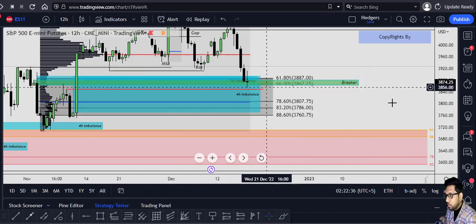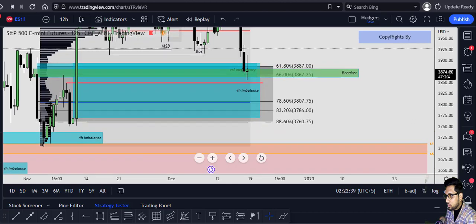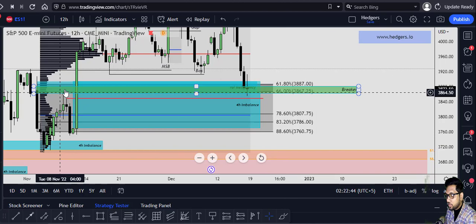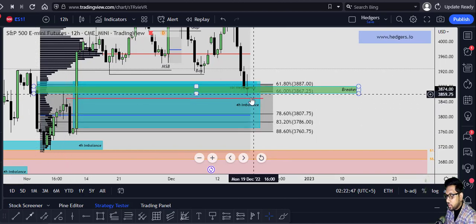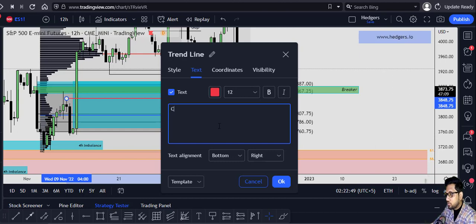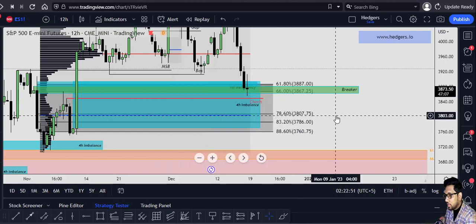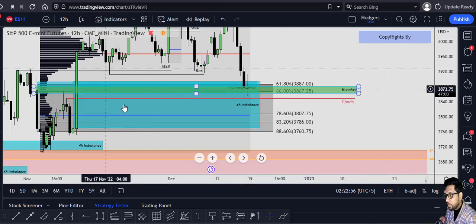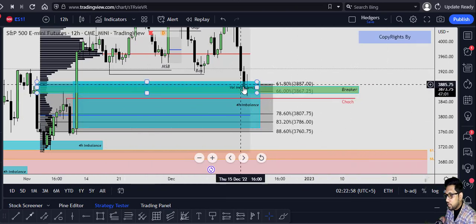If we close above it today, then this is really a nice confluence area that we rejected here at the change of character, CHOCH, and now we are making support above it on this breaker.